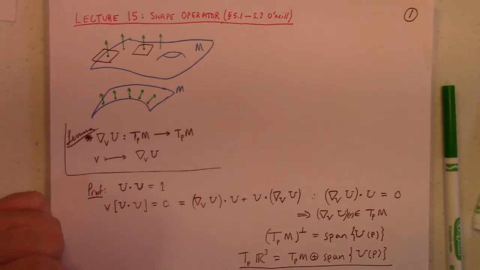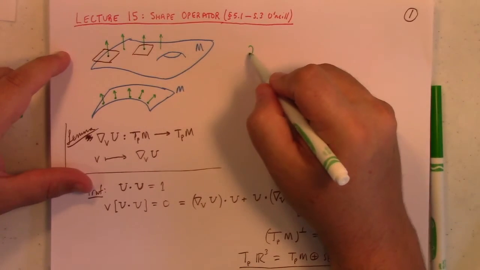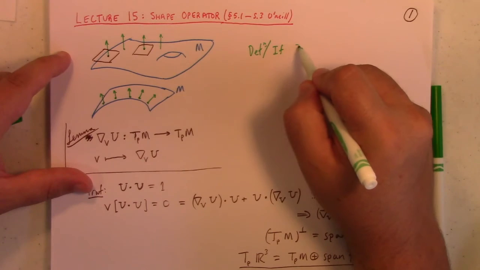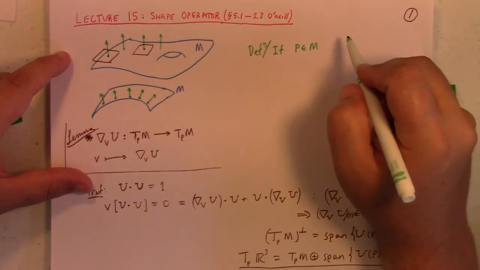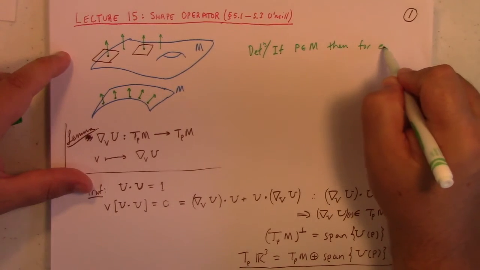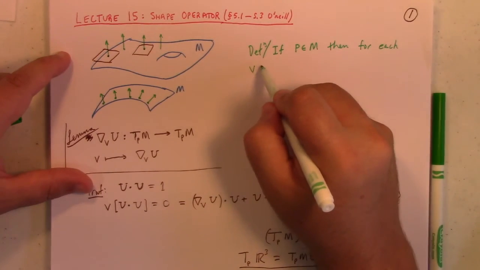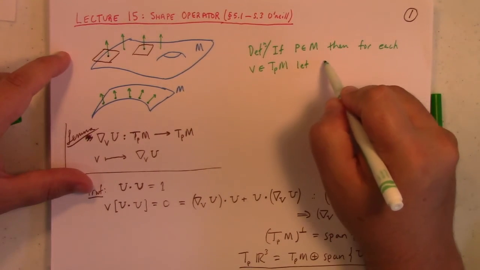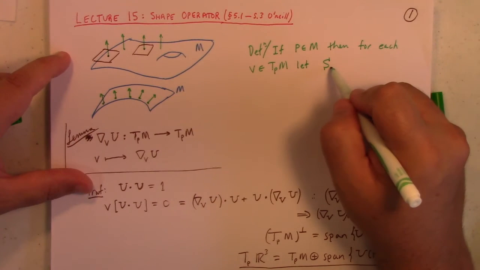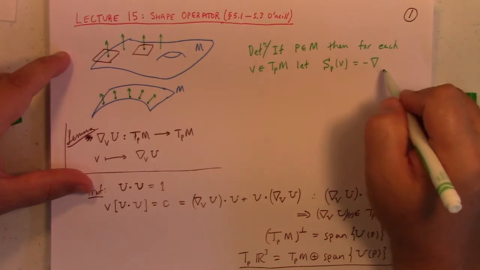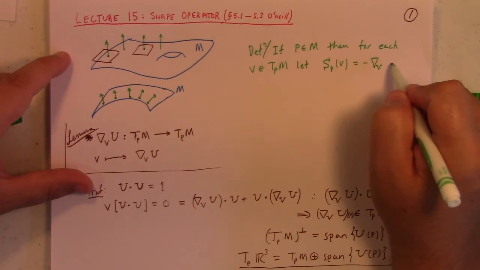So all of this being said, this allows us to define the shape operator as follows. Definition. If P is an element of M, then for each v in the tangent space to M at P, let the shape operator at the point P acting on v be equal to minus the covariant derivative in the v direction of u.